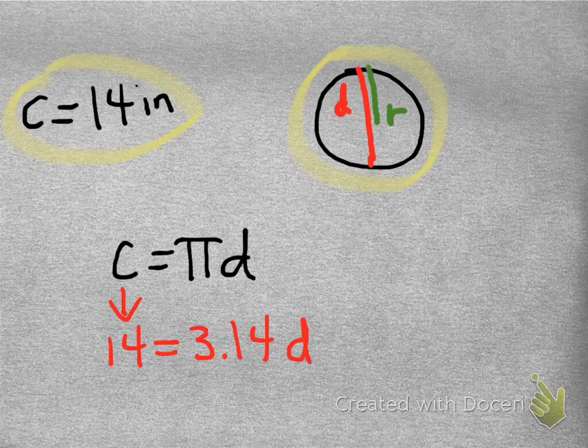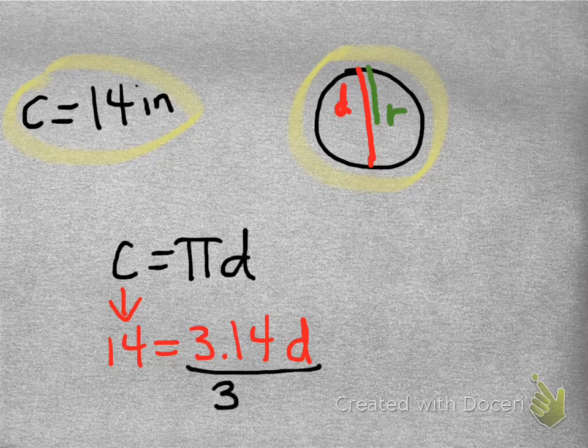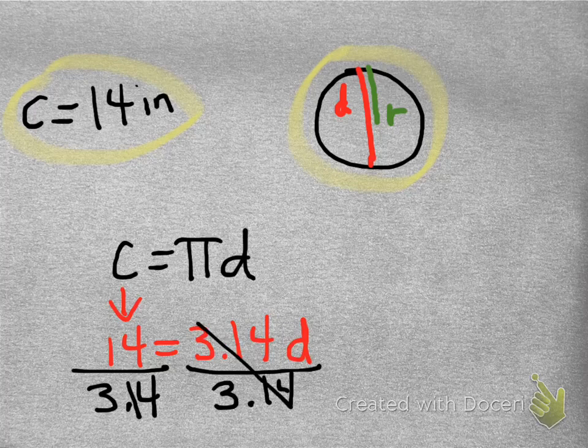We don't know what D means, so how do we solve for D? Since that means multiplication, we're going to do the inverse operation. That means we're going to divide by 3.14 on both sides. Cross this out, and then when we divide 14 divided by 3.14, it's going to give us the measurement of about 4.46.